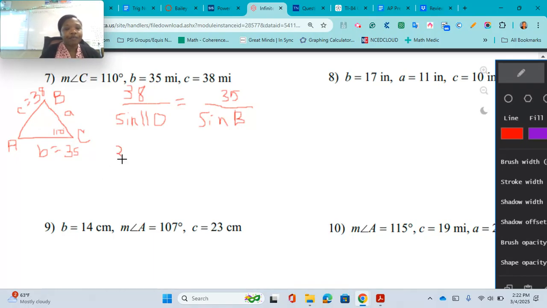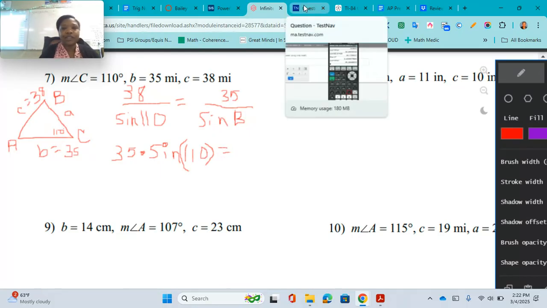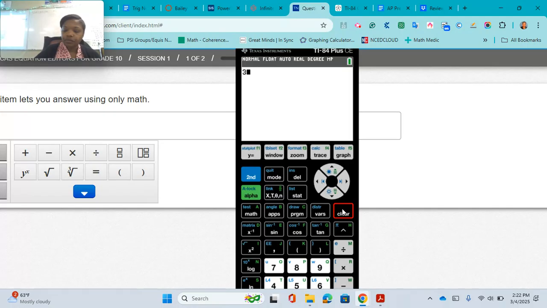Excellent. 35 times the sine of 110. That equals 35 times sine of 110, 32.889.